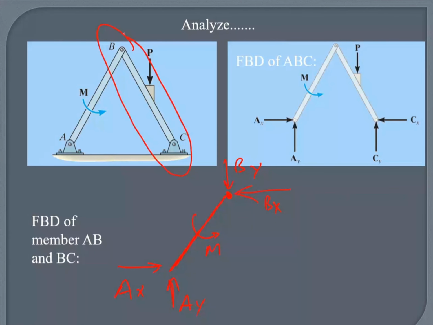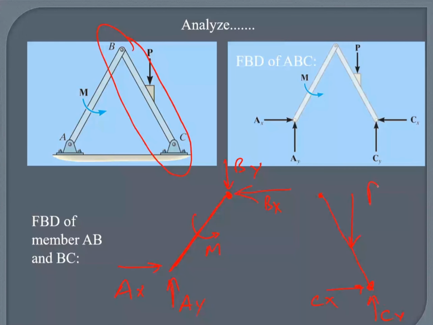Okay, so let's look at member BC. That's my member BC. As C is a pin connection, I've got two support reactions, CX and CY. I've got an active force applied here, which is P. And now at B, I've got two forces acting.